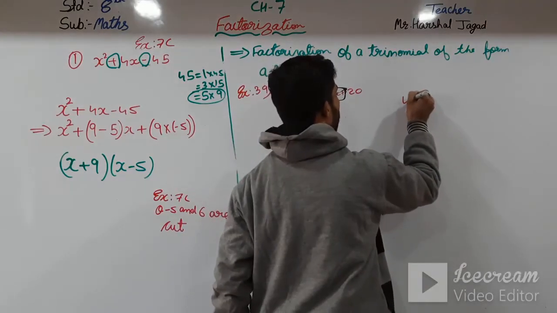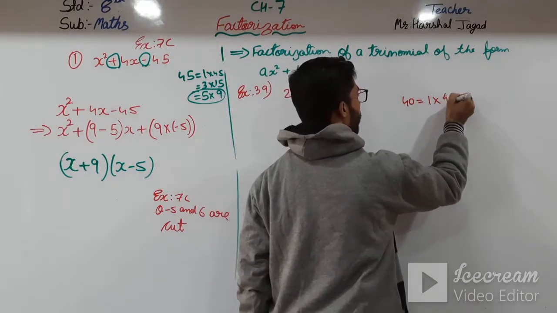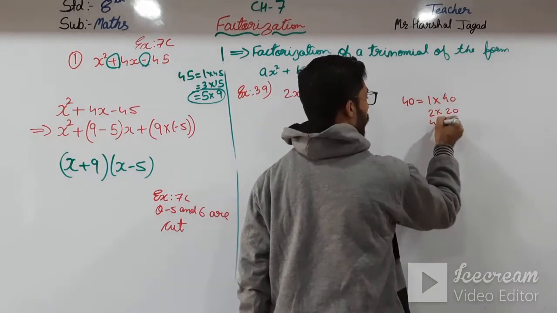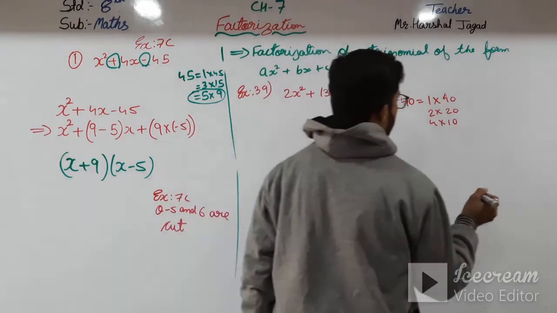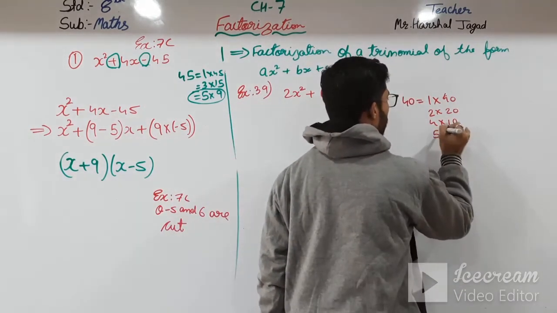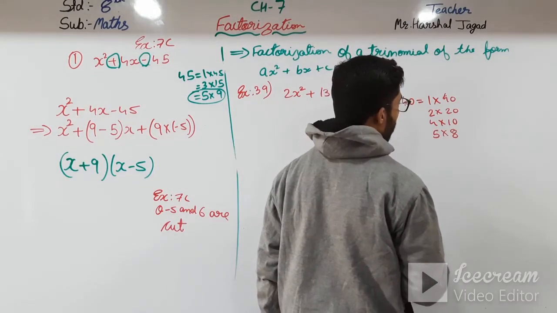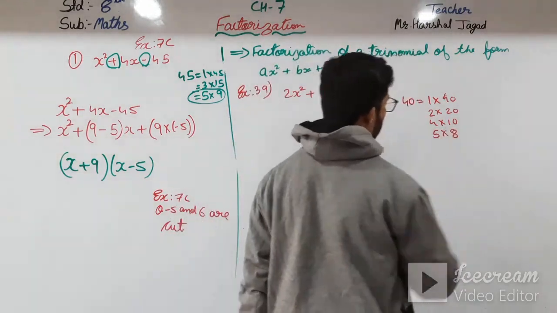What will be the factors of 40? 1 into 40, 2 into 20, 3 will not work, 4 into 10, then after 5, 8 fives are 40, then 6 will not come, 7 will not come, then coming directly to 8.